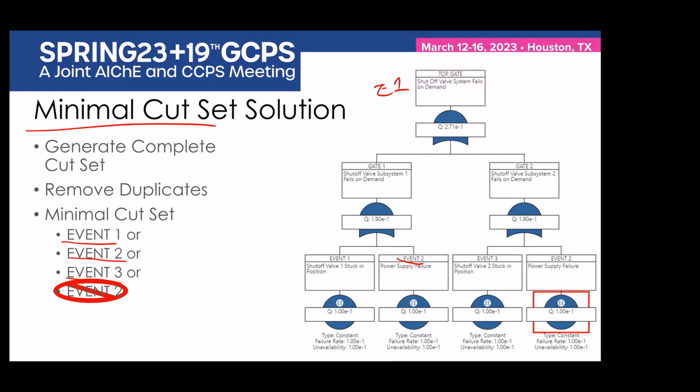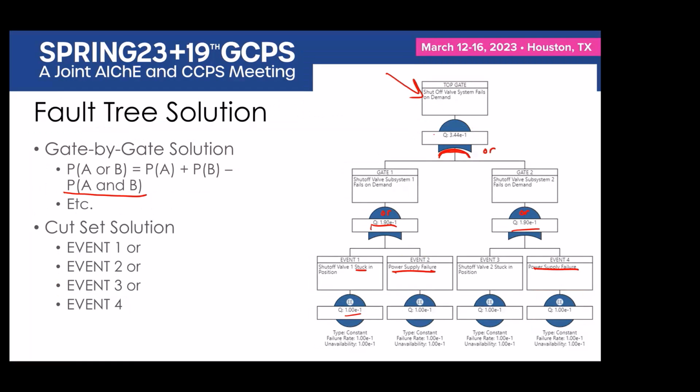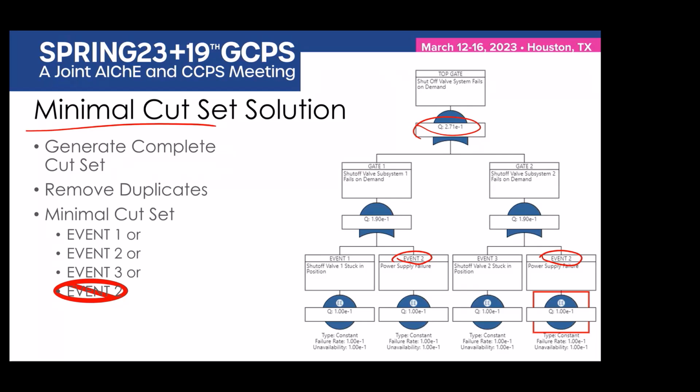Because you told it that it's the same event. Now, after creating the complete cut set, which is events 1, 2, 3, and 2, the software looks for duplicates and throws them away. So using minimal cut set analysis, we calculate 2.71E-1, whereas the gate by gate solution gave you 3.44E-1. Why did I go into all this trouble to explain minimal cut set analysis?